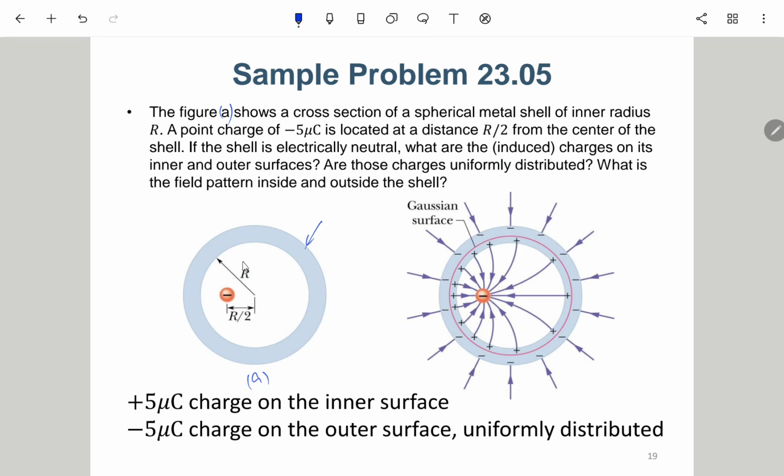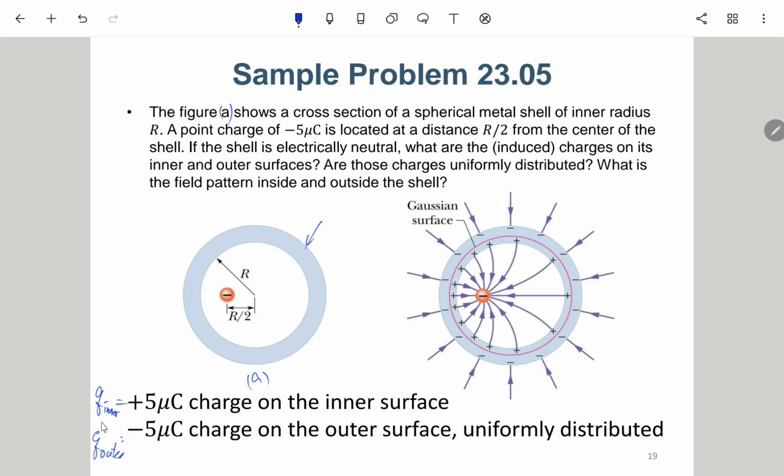There will be induced charges on the inner surface and also the outer surface. And so you may say that Q inner equals +5 μC, and Q outer will be -5 μC.